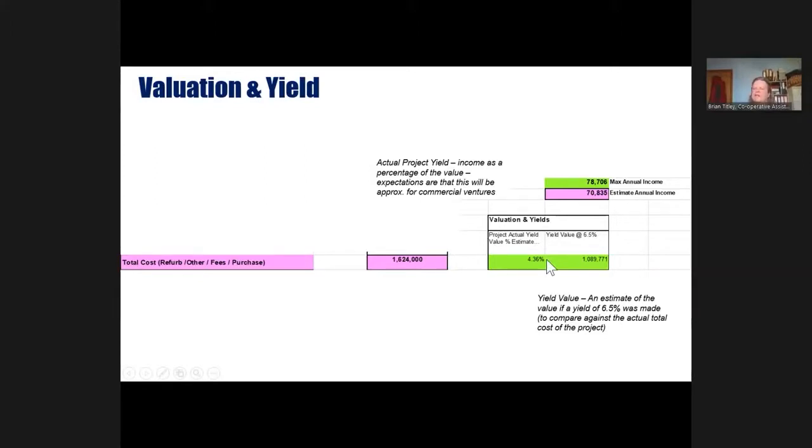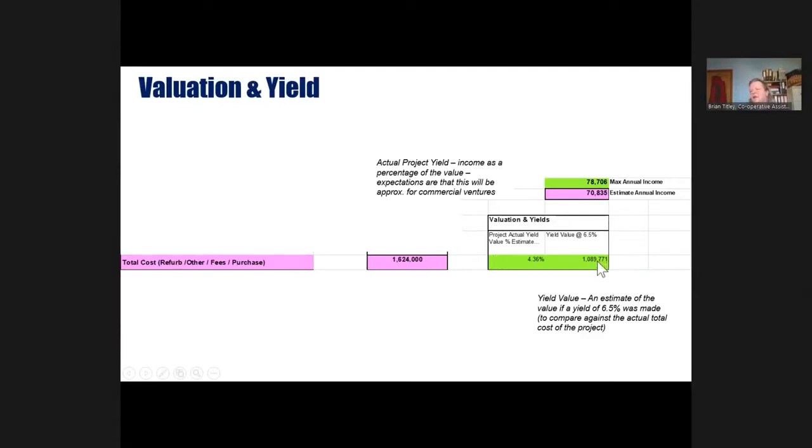So this is what I was saying about the yield. If the total cost of purchase is 1,624,000, and you know that the estimated income is 70,000, then you know that actually the yield is 4.36%, because that's 4.36% of that.